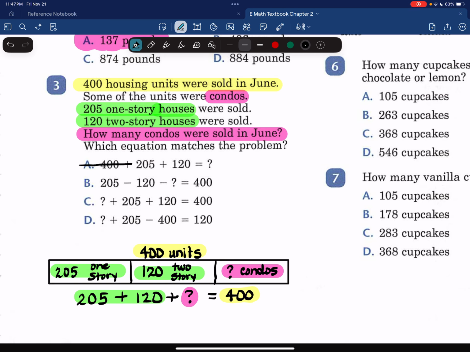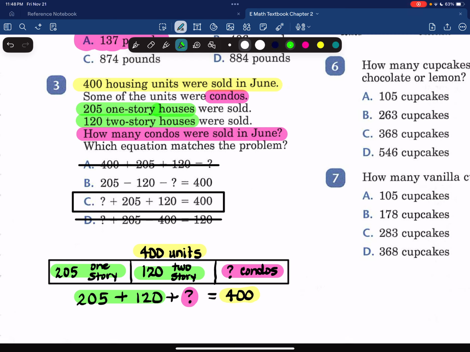That would eliminate A, and that would eliminate D. So we could choose B or C, and I'm going to eliminate B because those are all subtraction. I want addition. I want this one right here. So my answer is going to be C as in Charlie. 205 plus 120 plus the question mark is 400.